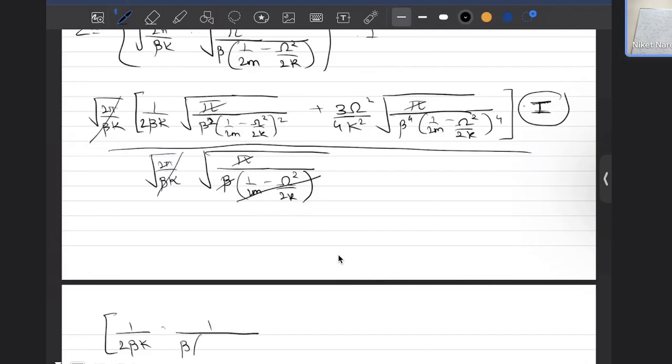Beta into 1 by 2m minus omega square by 2 kappa plus 3 by 4 omega square by kappa square into beta square.